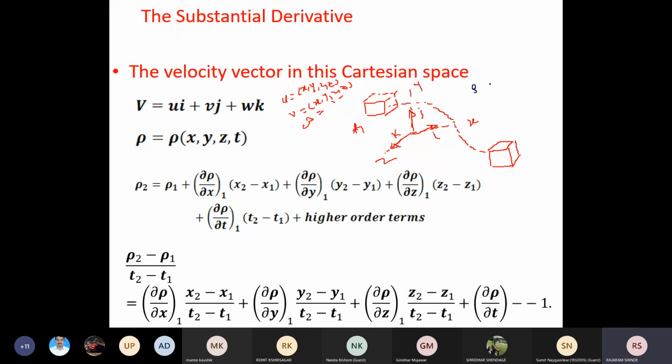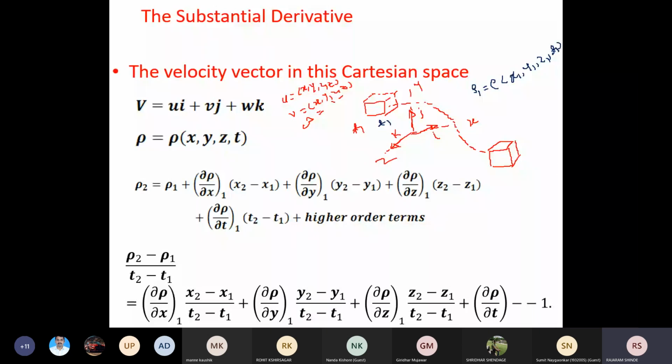It becomes rho of x1, y1, z1, and t1. At time t1, when your fluid element is at this location, your density is rho 1, we can say. It becomes rho as a function of x1, y1, z1, and t1.